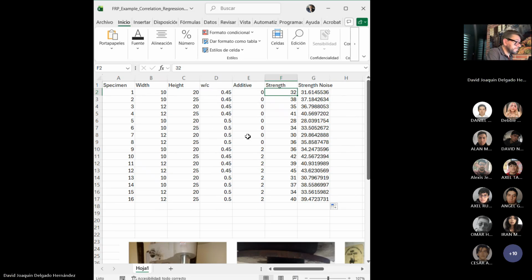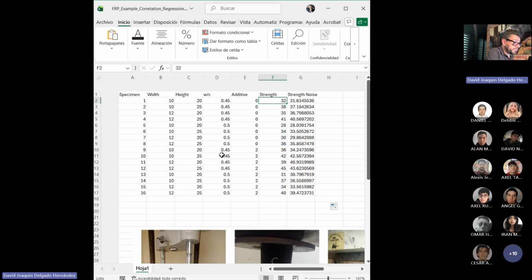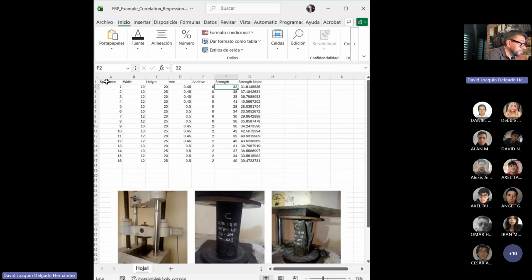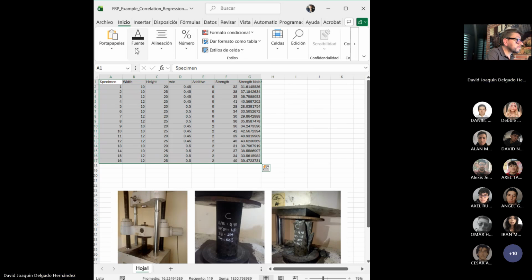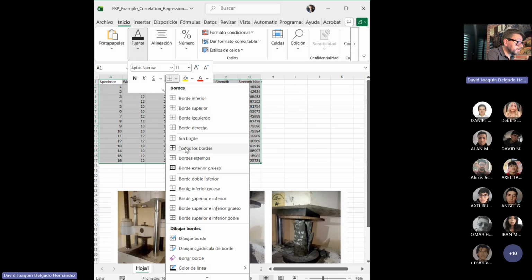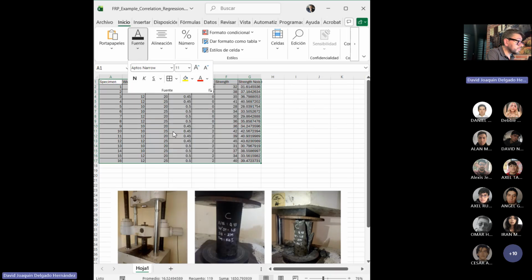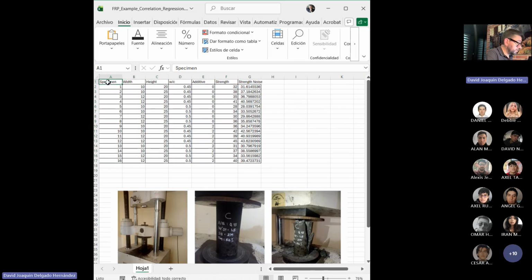Well, so let us put here some formula. Let me put this very beautiful. So I am going to use this on the borders. Okay. And let us put here this in bold. This is just aesthetics.